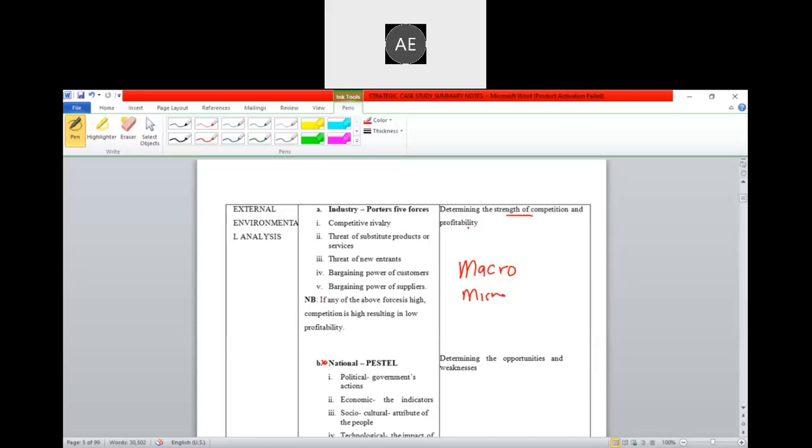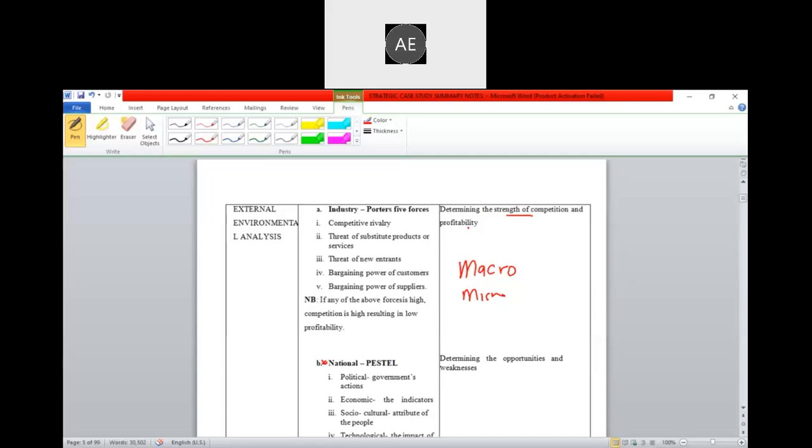So according to Porter, there are five factors or forces that determine the competition. So please, if you hear industry analysis, something should come to your mind: that we want to analyze the industry to determine the competition and the profitability. Okay, competition and profitability.